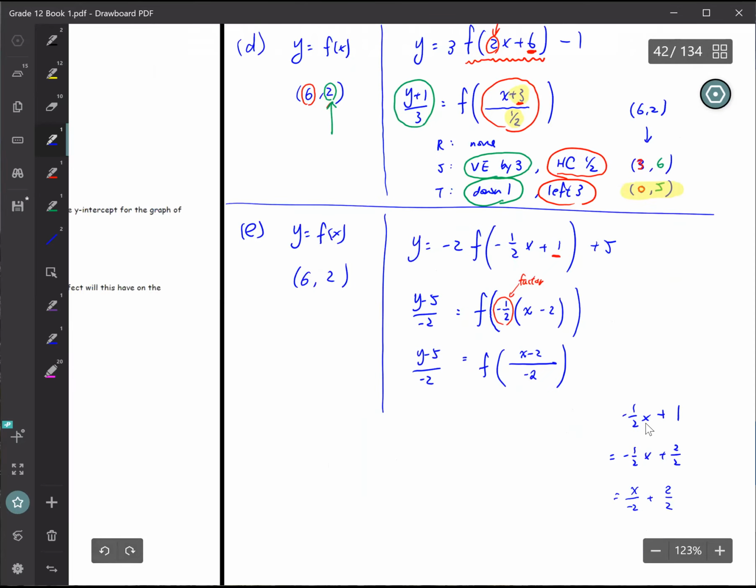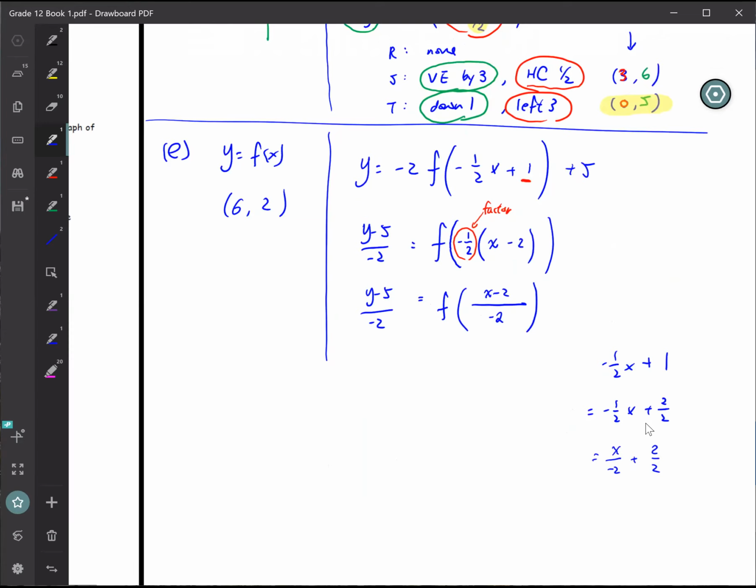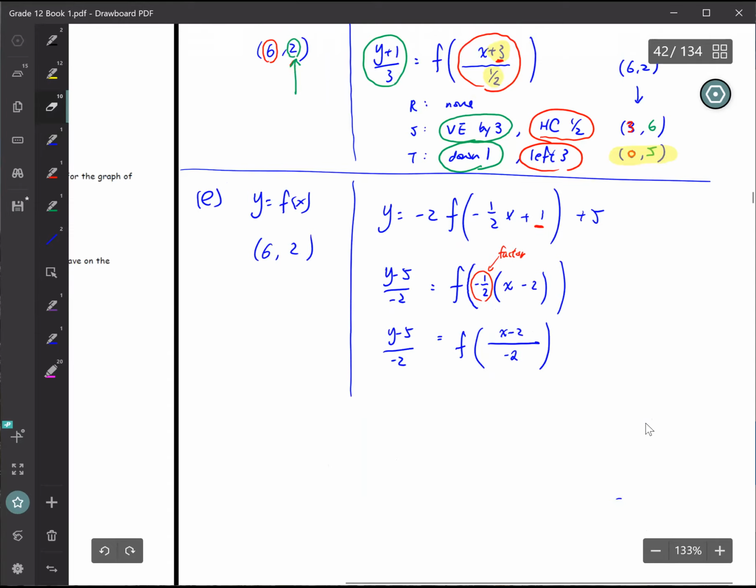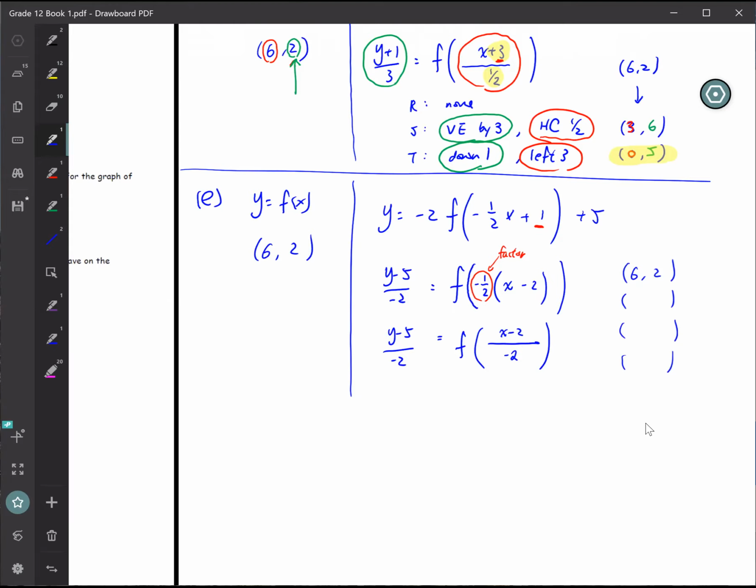So let's try this one without writing out RST. Remember, you could get the points without using RST. So let's start with (6, 2). And then step by step, one by one. Let's start with the x. If you want to do the x, then you look at the x part.